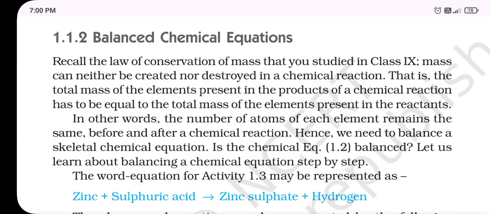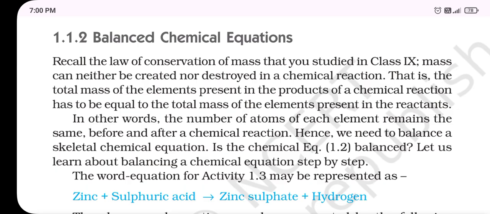Let's go. Recall the law of conservation of mass that you studied in class 9. Mass can neither be created nor destroyed in a chemical reaction. That is, the total mass of the elements present in the products of a chemical reaction has to be equal to the total mass of the elements present in the reactants.